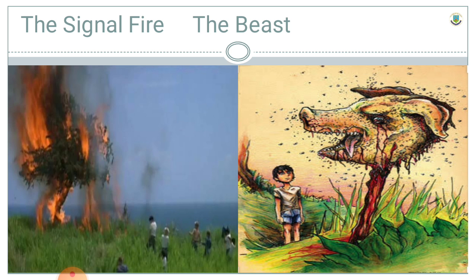The signal fire. The boys think of lighting the fire so as to attract the attention of any ship passing by, so that they may be rescued. The fire continues as the only connection of the boys with civilization. In the early parts of the novel, all the boys strive to maintain the fire so as to be rescued and return to society.